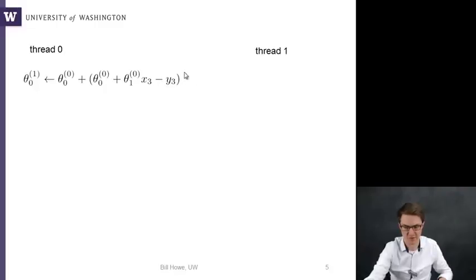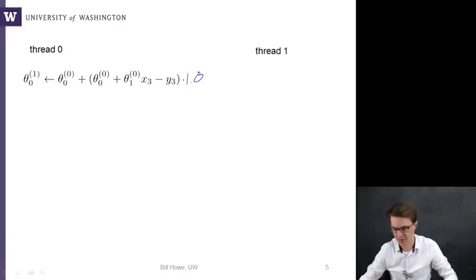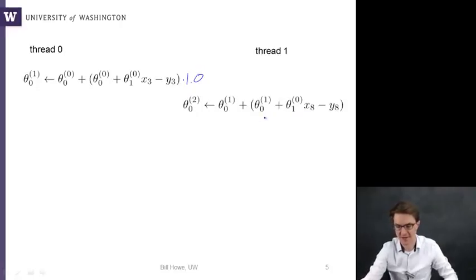And remember, we don't need the multiplication by x3 here because this is parameter 0, the intercept, so there's effectively a 1.0 here. Then at time 2, a different thread will see the new values that were updated at time 0 and use those to compute a new theta 0.